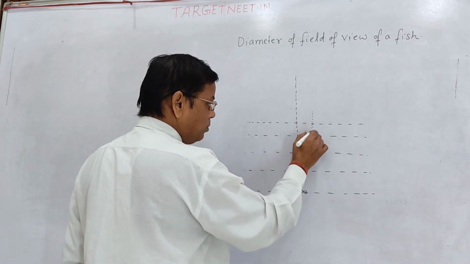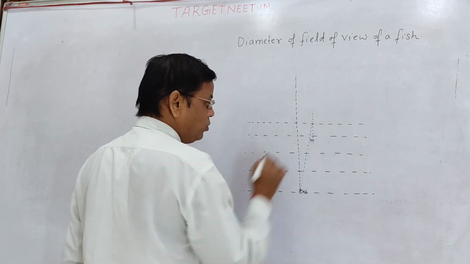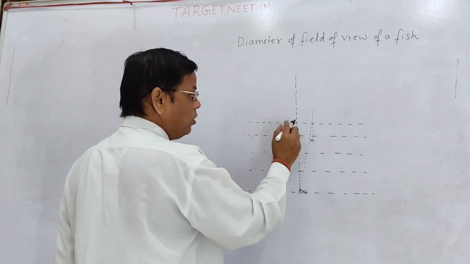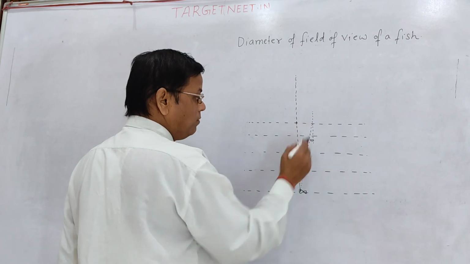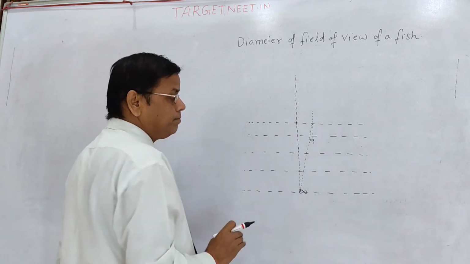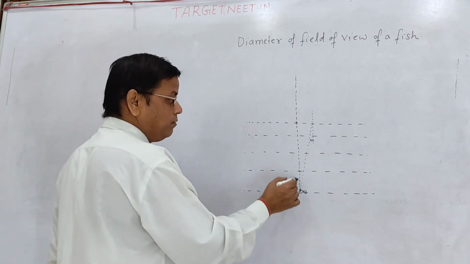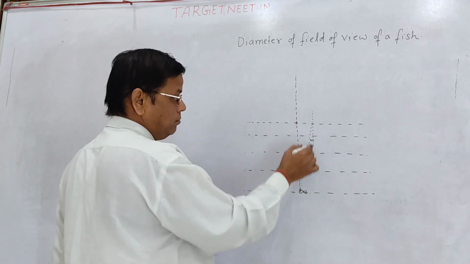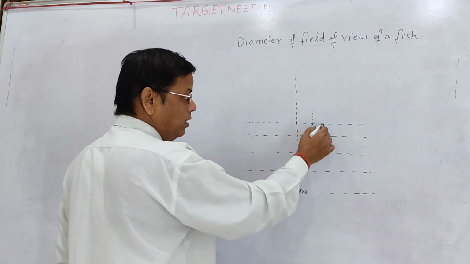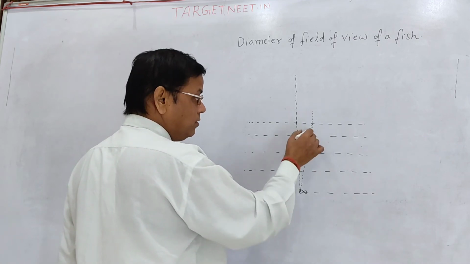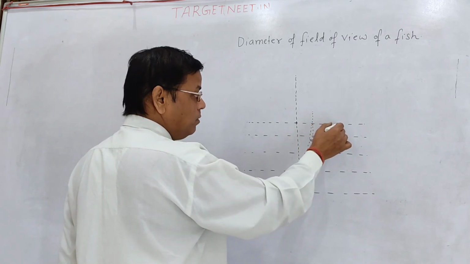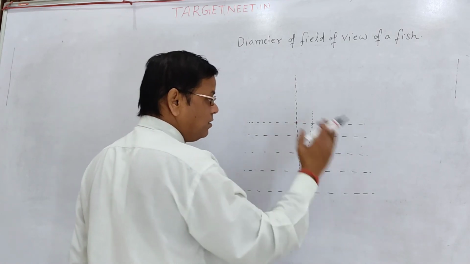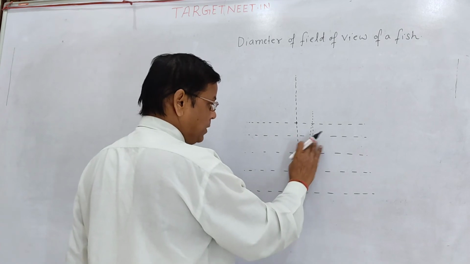So if I select one ray that is reaching here, this is normal at this place, so angle of incidence is not 0 here. Here angle of incidence is 0. So as we go away from this point, angle of incidence keeps on increasing.